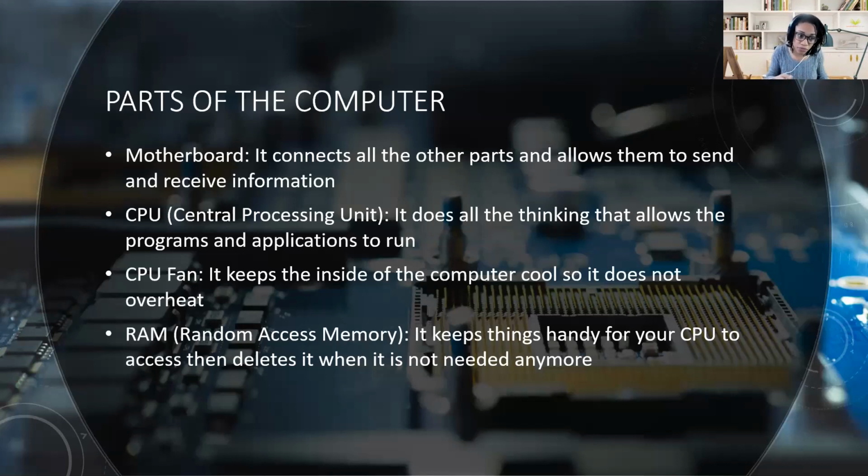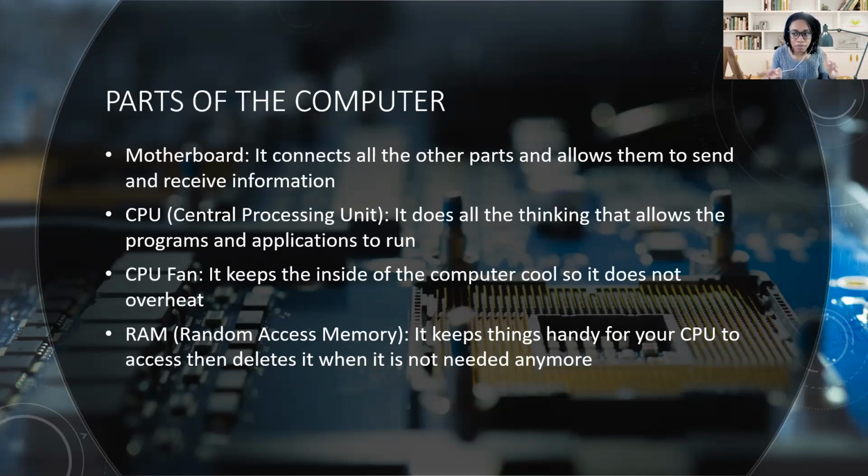There's also the CPU fan, which keeps the inside of the computer cool so it doesn't overheat. So whenever you hear your computer making a roaring noise, that's generally the fan trying to compensate for some stress on your machine by cooling it down. There is also random access memory, which you will commonly see referred to as RAM, which keeps things handy for your CPU to access and then deletes it when it's not needed anymore.